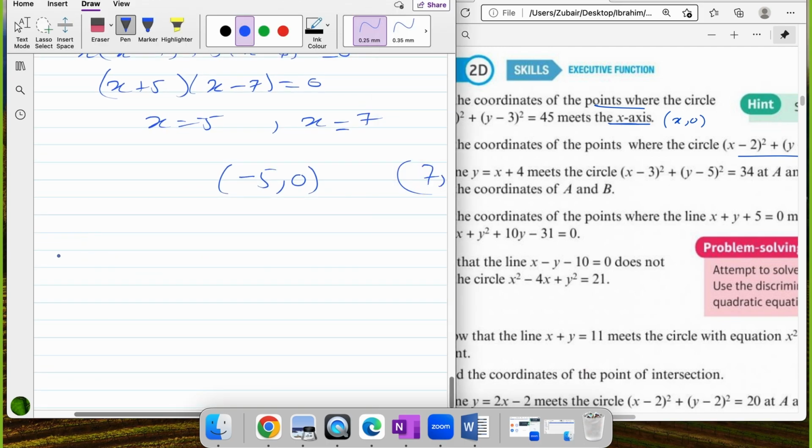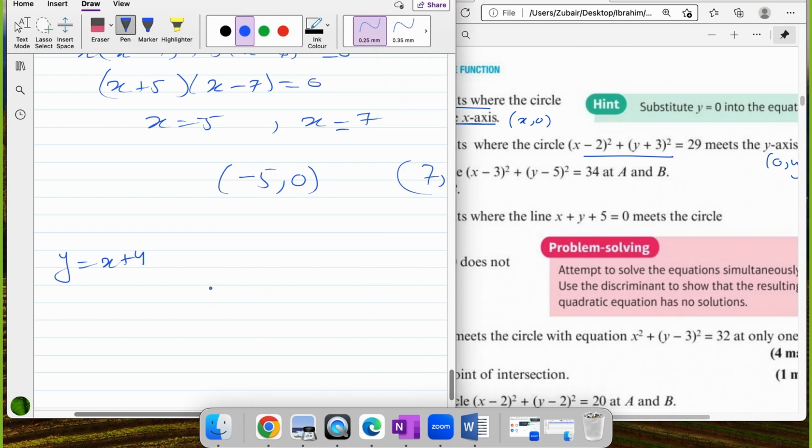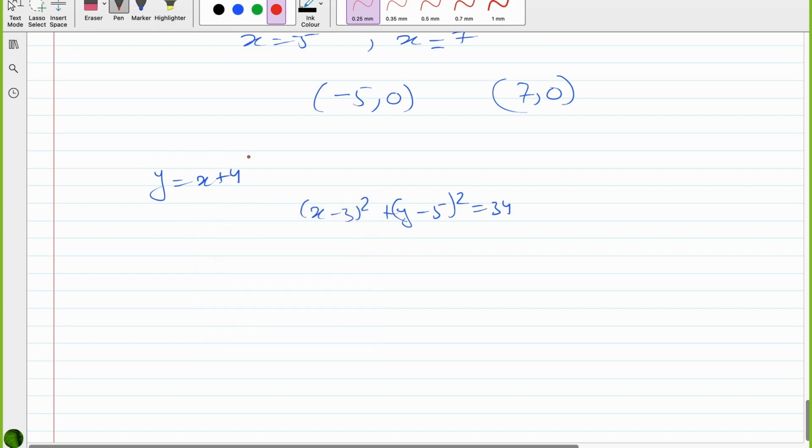So the line is y is equal to x plus 4, and it meets this circle which is x minus 3 whole square plus y minus 5 whole square is equal to 34. So they intersect at A and B, and we have to find A and B. So we are substituting the value of y.